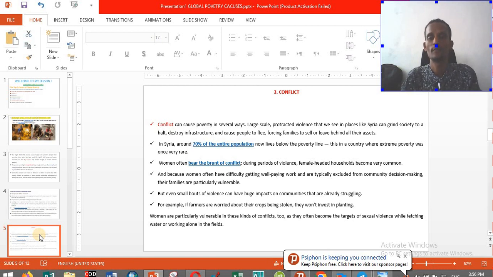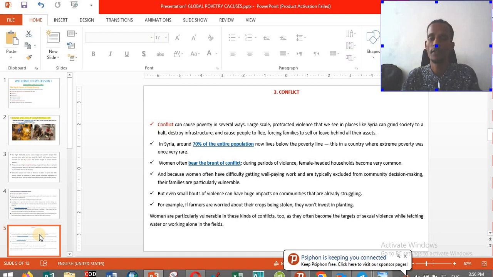Large-scale protracted violence, that we see in places like Syria, can grind society to a halt, destroying infrastructure and causing people to flee, forcing families to sell or leave behind their assets.